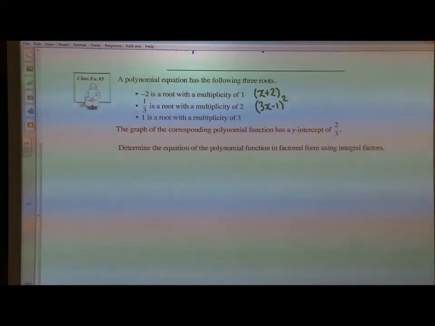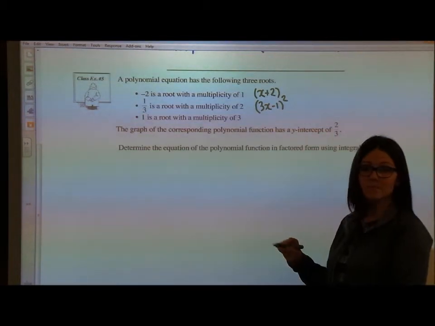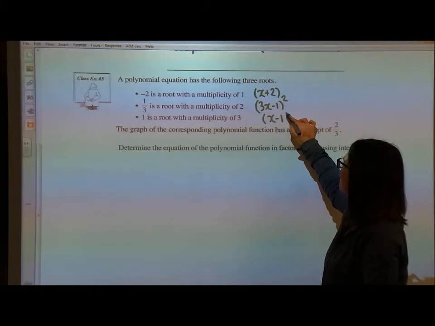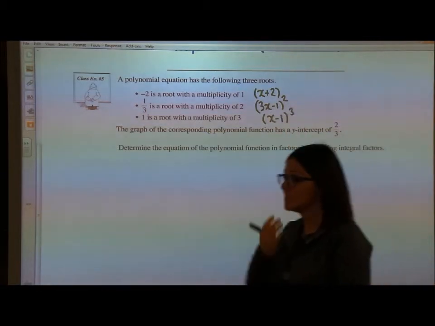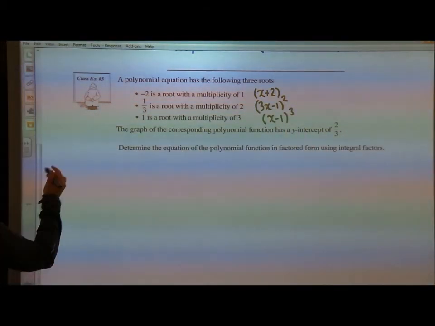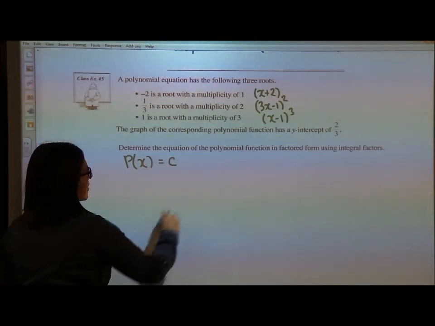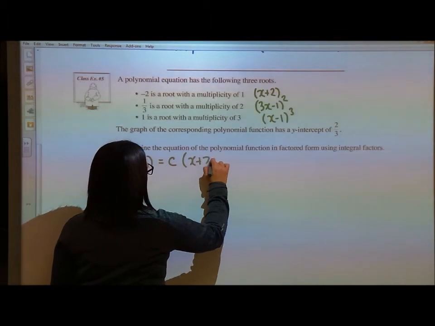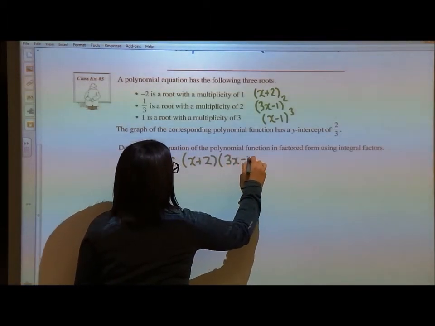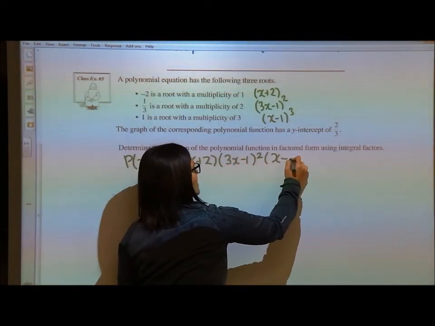And if 1 is a root, x minus 1, and then it's cubed. Good. So my initial polynomial, c for my leading coefficient, x plus 2 times 3x minus 1 squared times x minus 1 cubed.